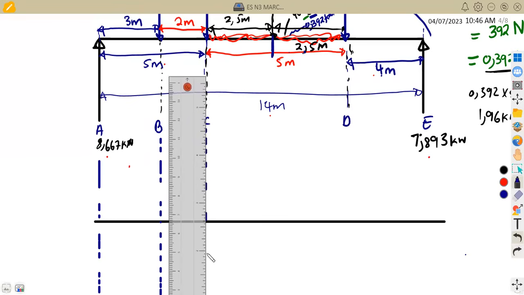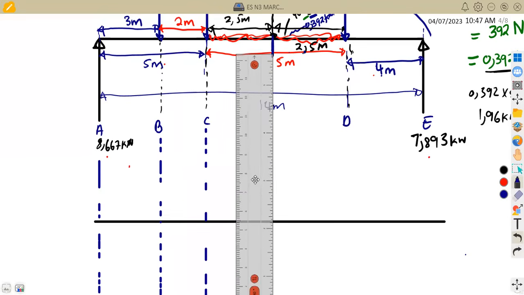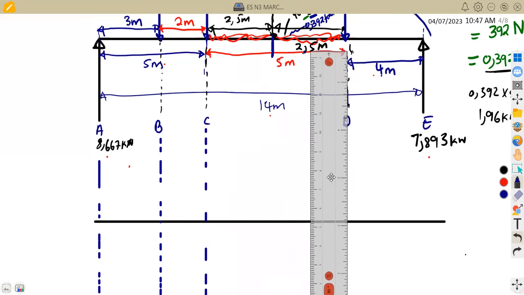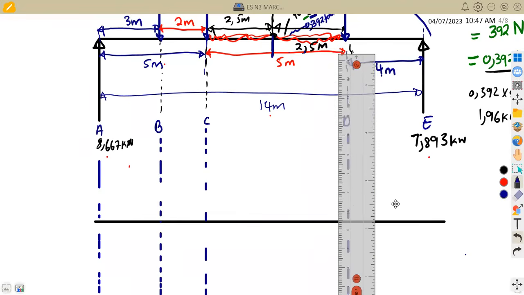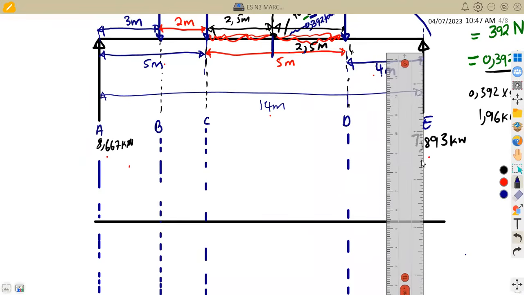We move on to D, major points. You work with the major points. You extend this one at E as well, so that is what you're going to have.